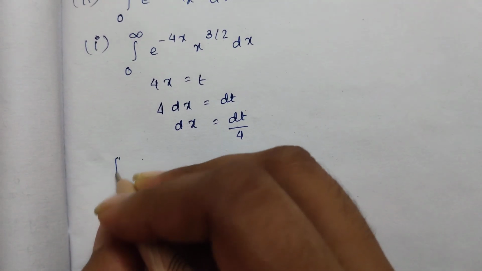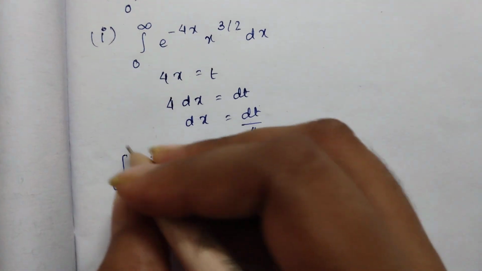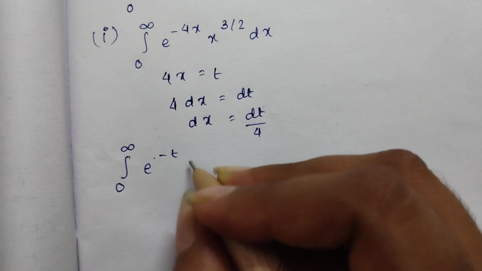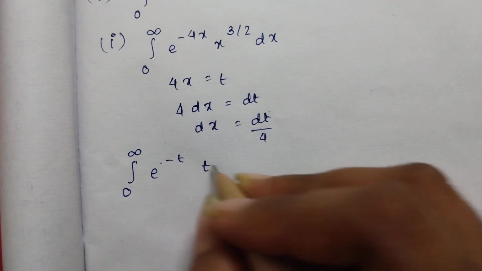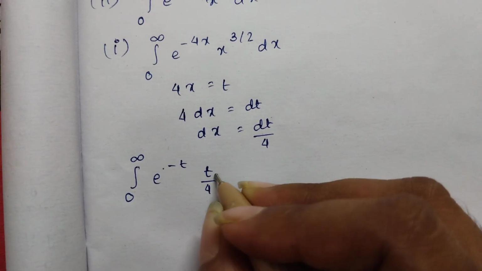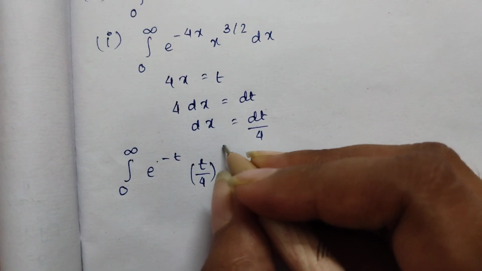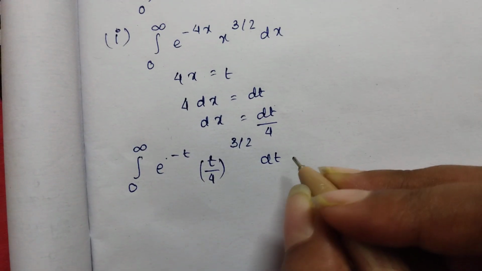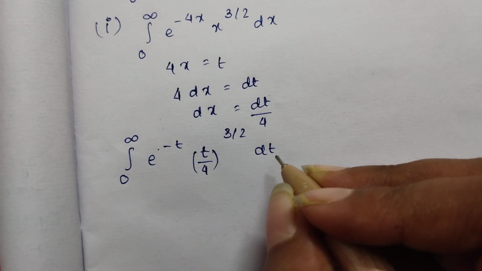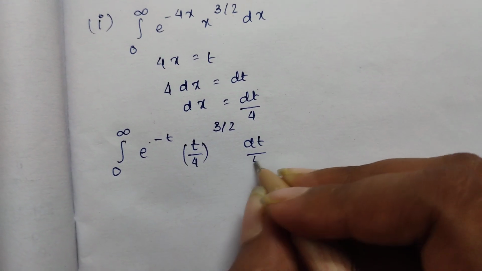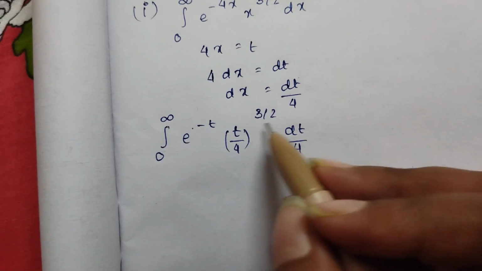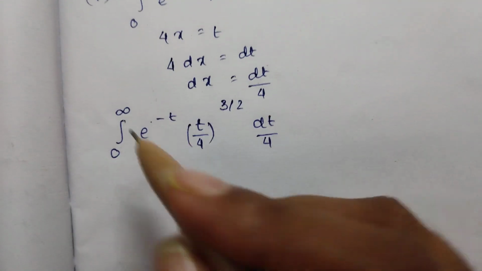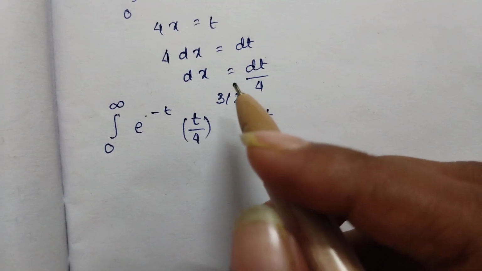The equation will look something like this: integration from 0 to infinity of e to the power minus t multiplied by (t by 4) whole to the power 3 by 2 dt divided by 4.